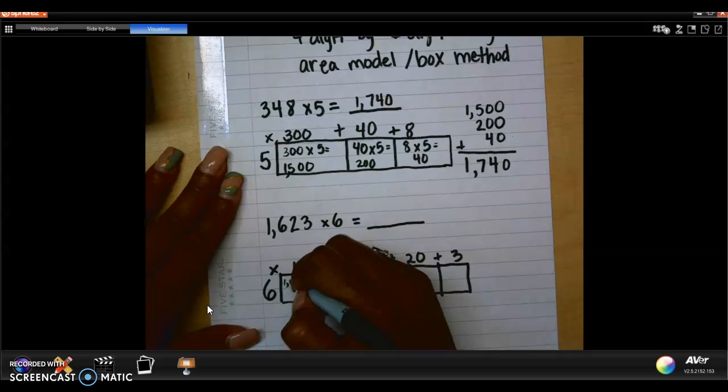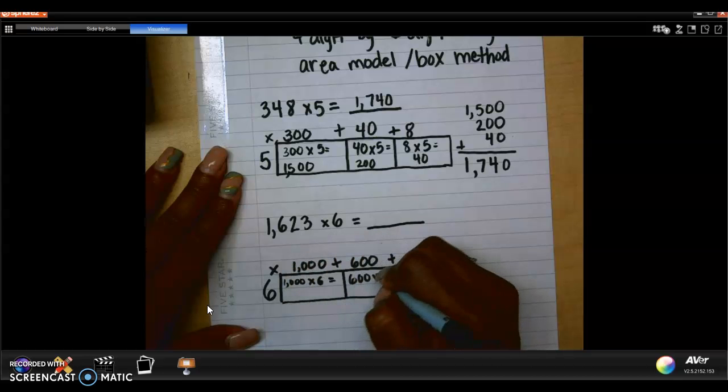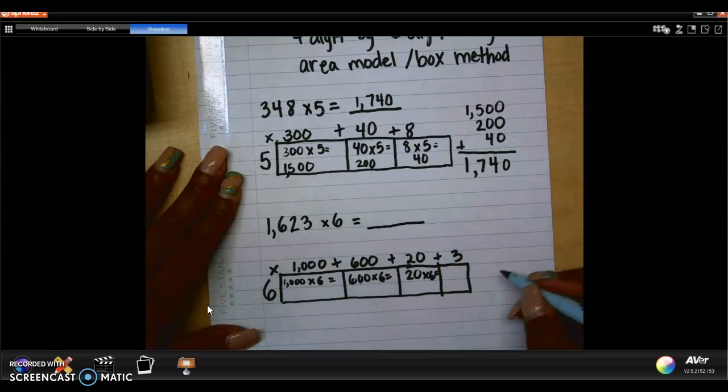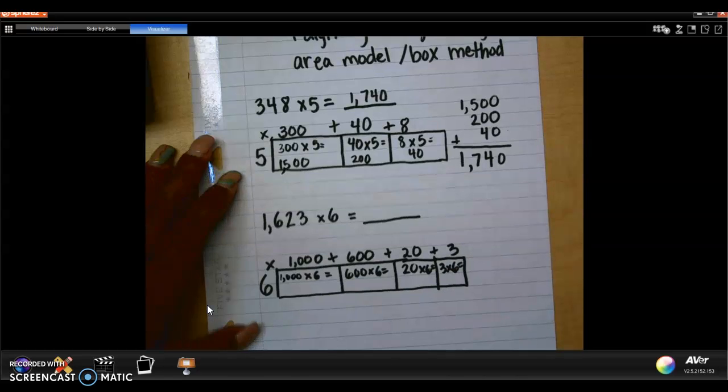1,000 times 6, 600 times 6, 20 times 6, and 3 times 6. Sorry if it's small, guys.